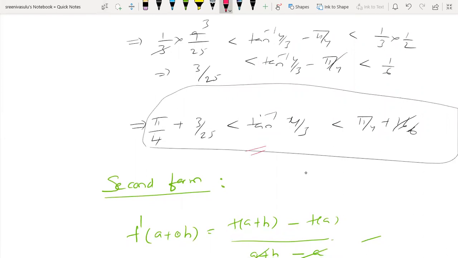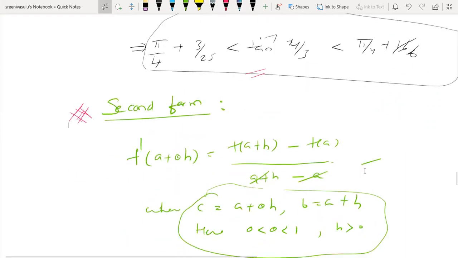Lagrange's mean value theorem has two forms. This is the second form. It is very easy, just replace. B is taken as a + h because a is smaller than b. Always a is less than b.